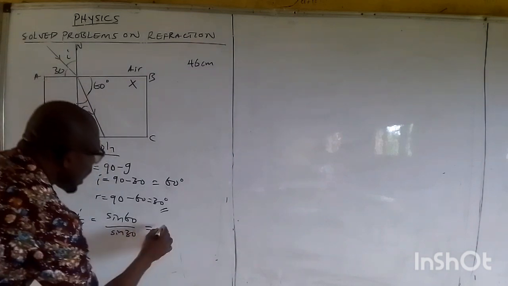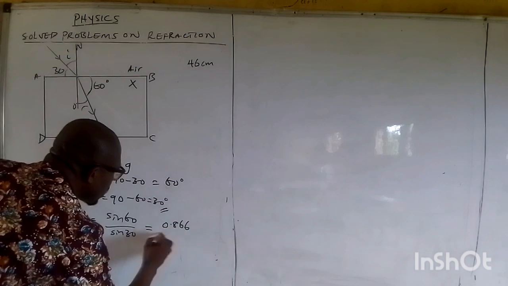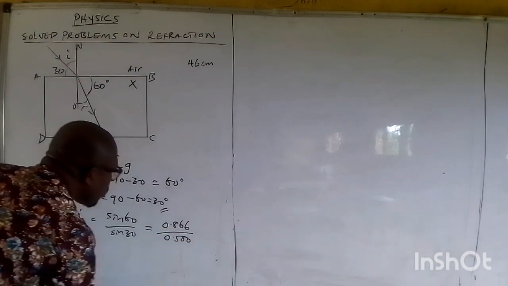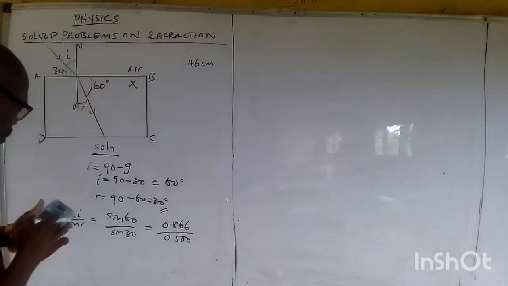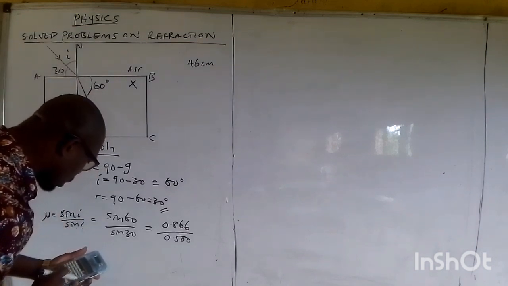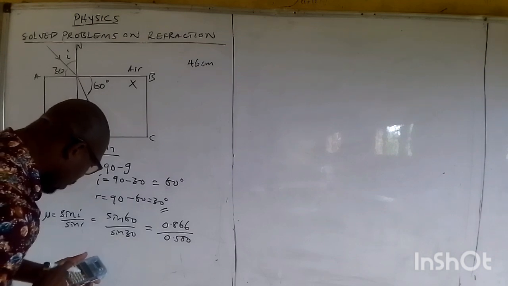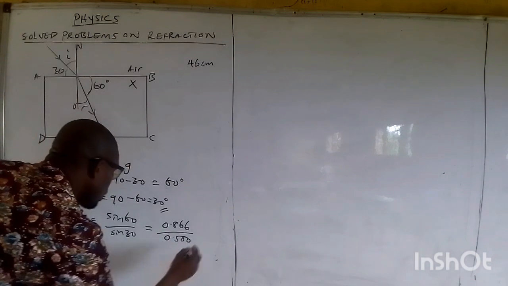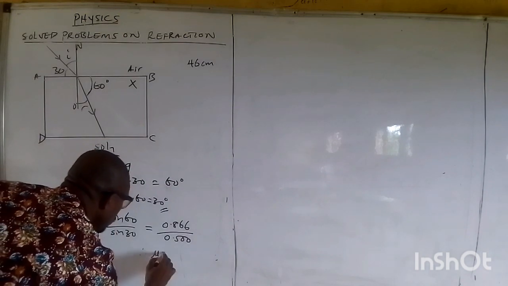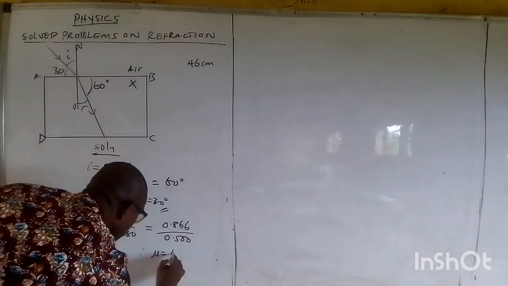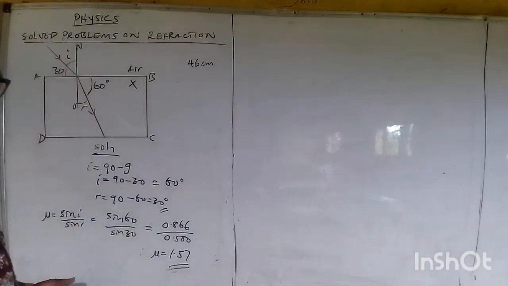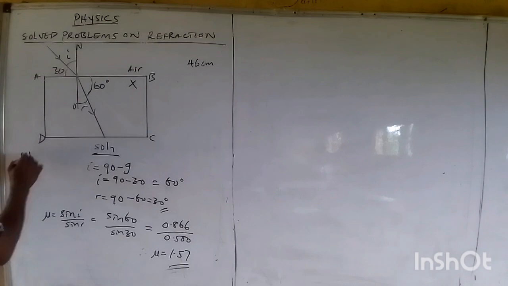Sine 60 is 0.866 all over sine 30. Sine 30 is 0.500. Now we take 0.866 divided by 0.5. We will now have that refractive index mu is equal to 1.73. 1.57 is our refractive index. So this is for the first question.